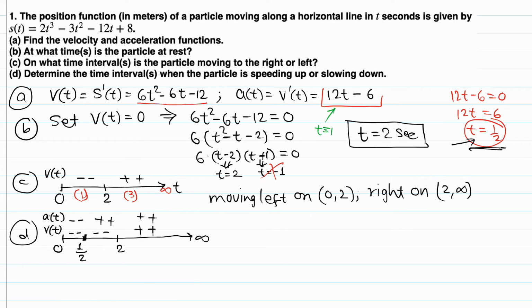Whenever velocity and acceleration have the same sign, that means speeding up. When they have different signs, that means slowing down. So here, negative and negative on 0 to 1/2, and positive and positive on 2 to infinity, they have the same sign, which means speeding up.